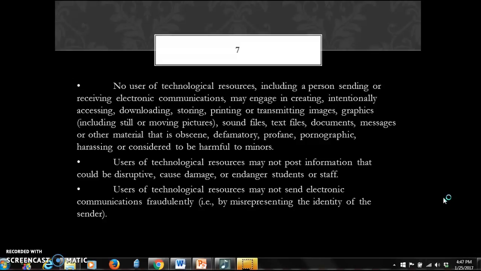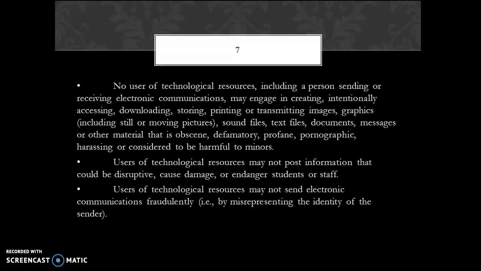Users of technological resources may not post information that could be disruptive, cause damage, or endanger students or staff.